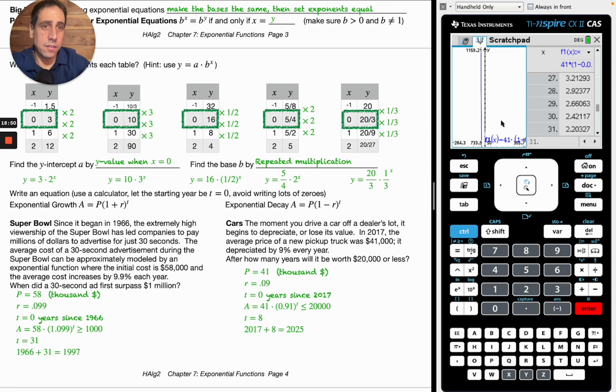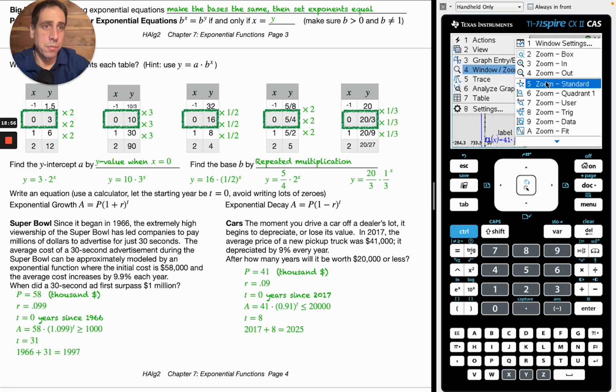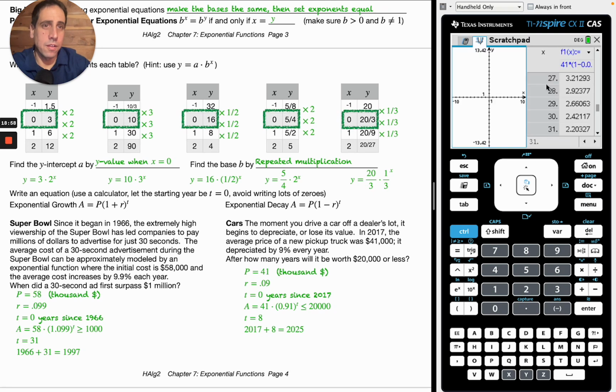Okay, so let's take a look, and let's zoom back out. Menu, Windows zoom. No, let's go to the standard, and now we can zoom back out from here. Windows zoom, out, click. Oh, there it is right there.